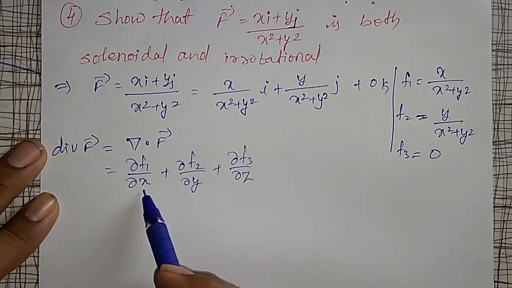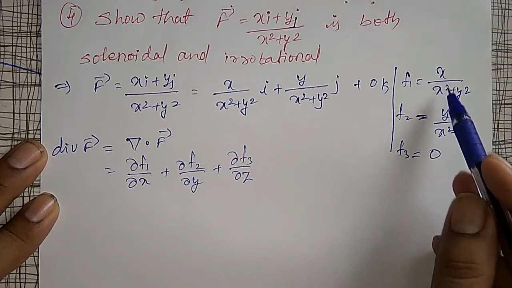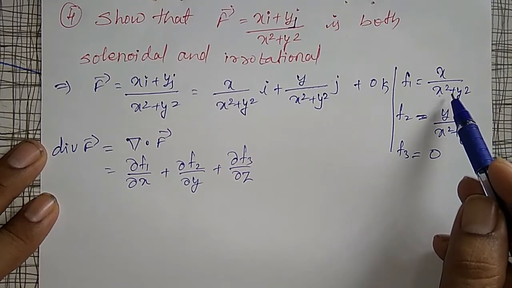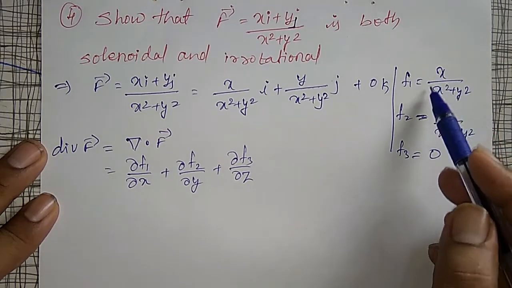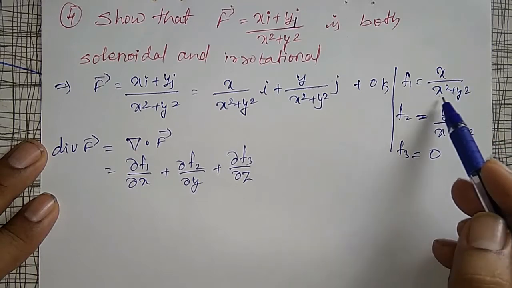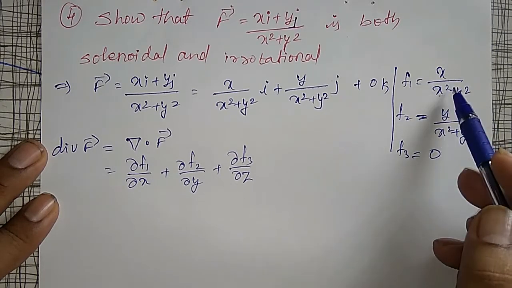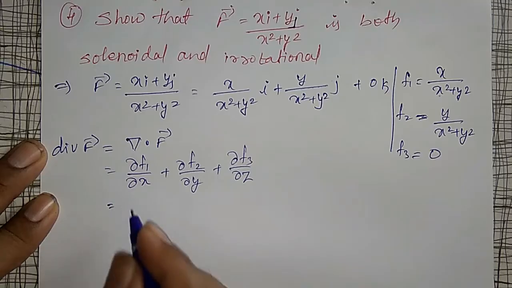f1 I have to differentiate partially with respect to x. f1 is x divided by x square plus y square. Both numerator and denominator contain x. Therefore, I have to use the quotient rule, u by v rule.